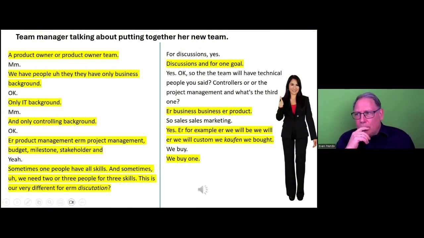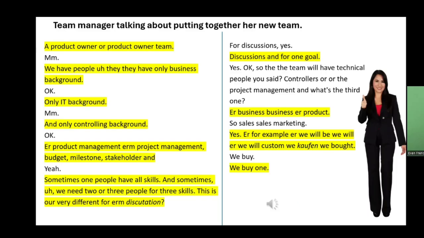A product owner or product owner team, we have people, they have only business background, only IT background, and only controlling background.